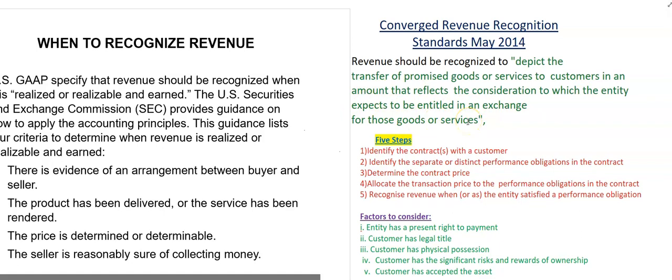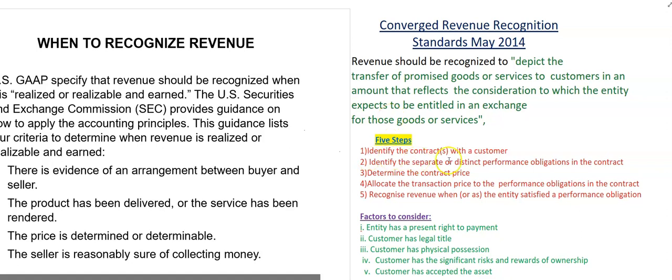Specifically, the converged standards identify 5 steps to revenue recognition, and these steps mostly relate to revenue recognition from contracts, for example, such as construction contracts. However, these are equally applicable to other situations for revenue recognition.